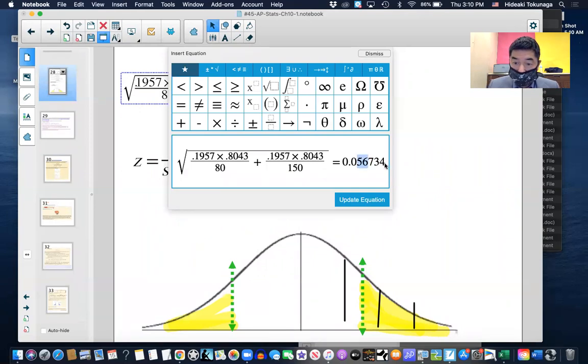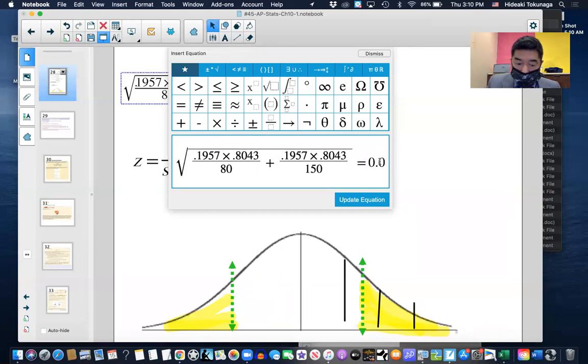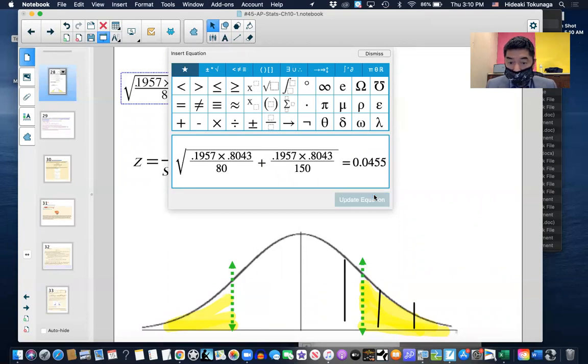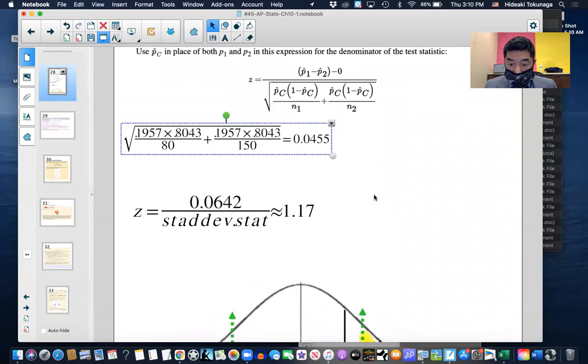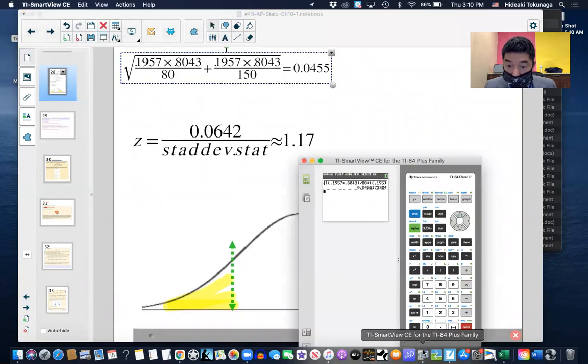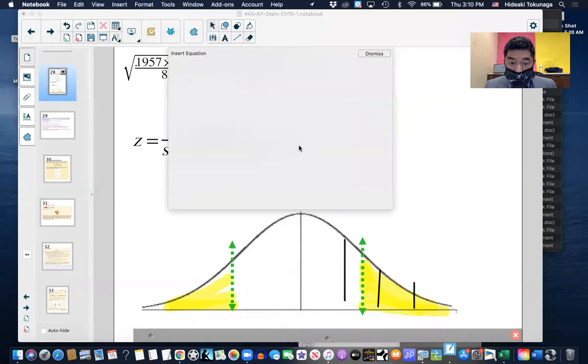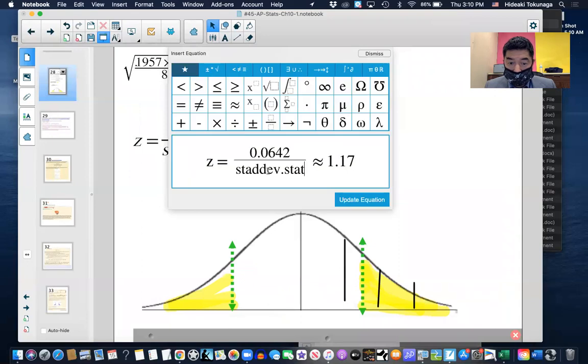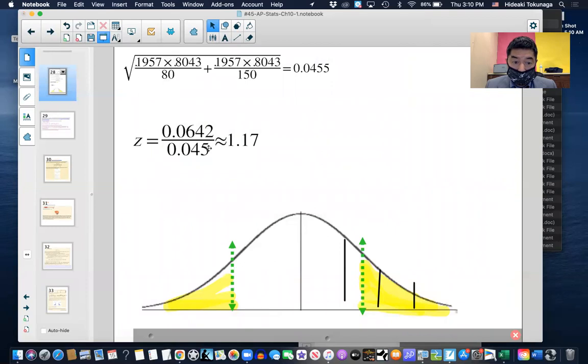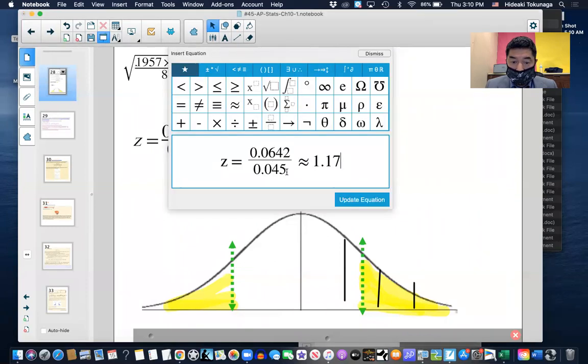Okay, I will use that number here for the standard deviation of the statistic, 0.0455.